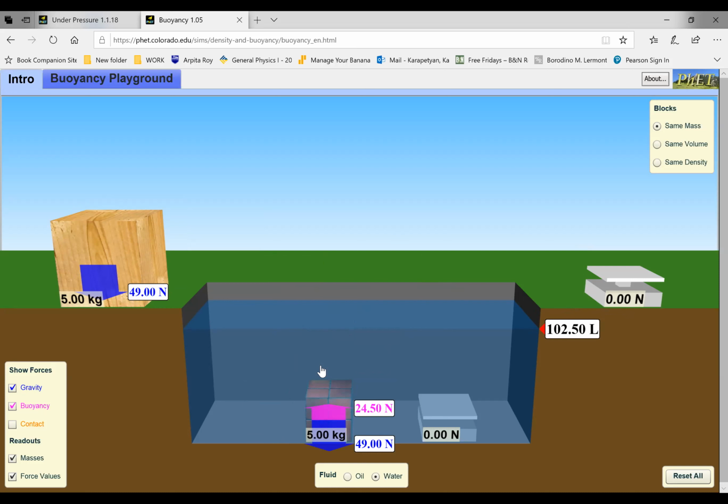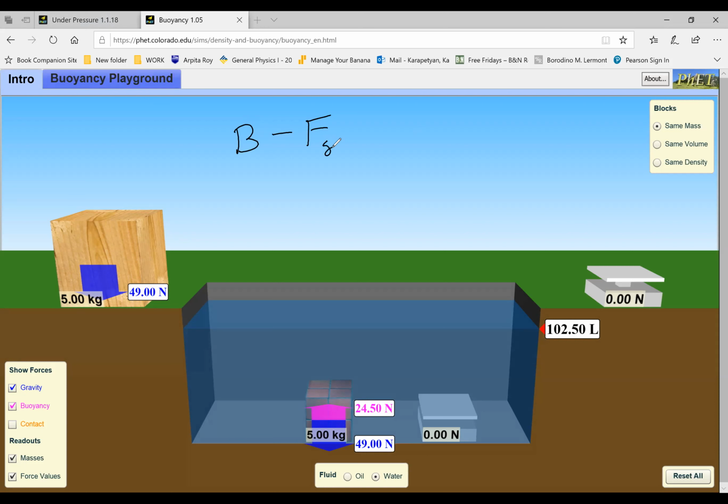All right. So when I'm considering whether the object will float or sink, it pretty much comes down to this: buoyant force minus gravitational force. Which one is greater determines where the object will go.